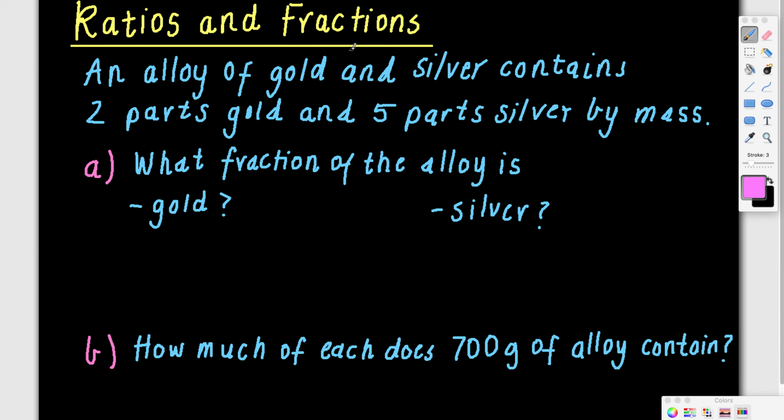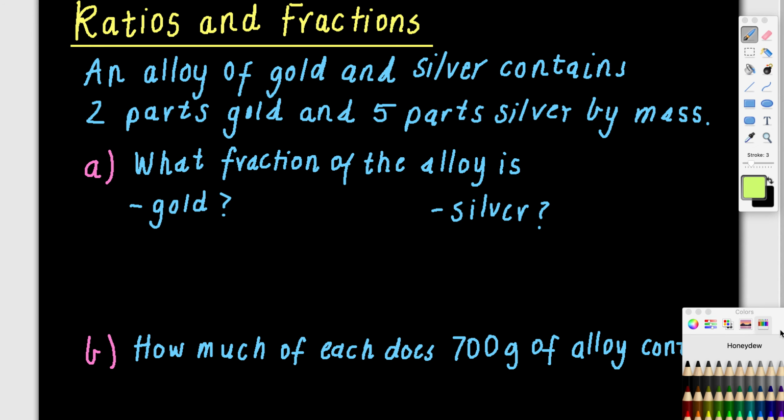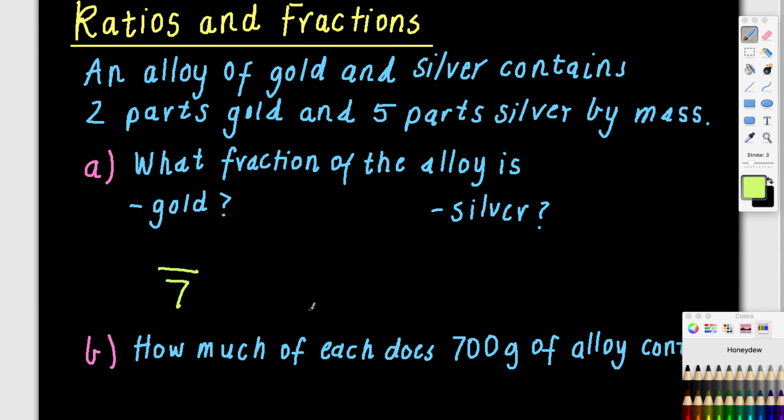In terms of the first question, what fraction of the alloy is gold, we first have to consider how many parts are there all together in this alloy. If we have 2 parts that are gold and 5 parts that are silver, and we add them together, we can see then that we have 7 parts all together. So I'll put out of 7.